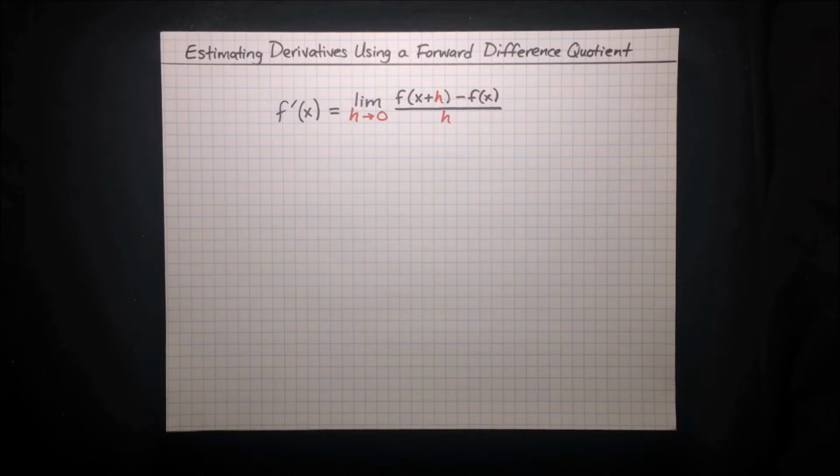Okay, so if we're given information about our function in terms of a graph or a table, how do we use that information to estimate the derivative? Well, what we can do is we can estimate this limit by plugging in a value of h that is as close as possible to 0. So let's go ahead and write that down.